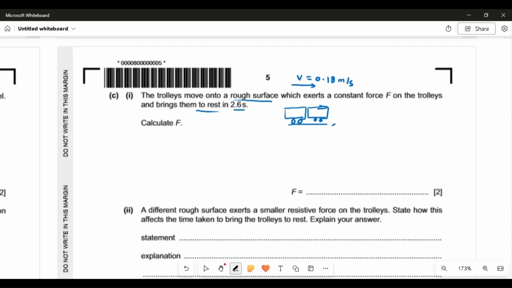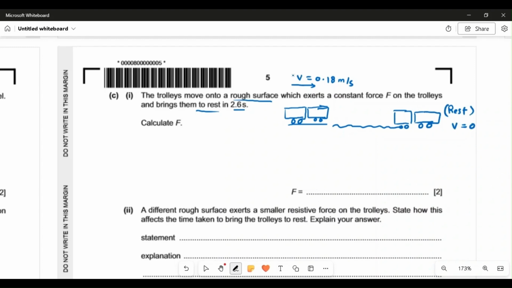After that, these trolleys go to the rough part, and the roughness of the surface slows down their motion until the two trolleys come to rest. So their final velocity v is 0.